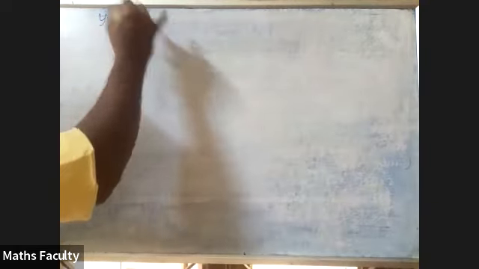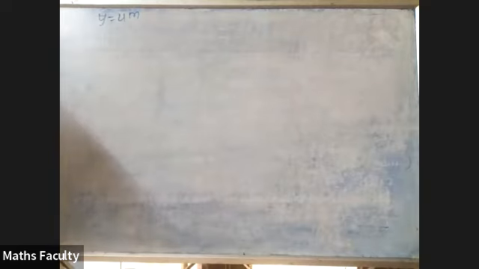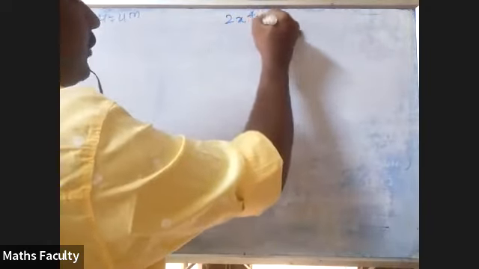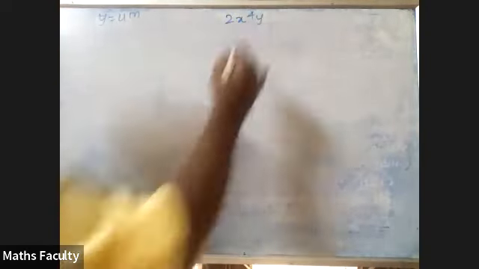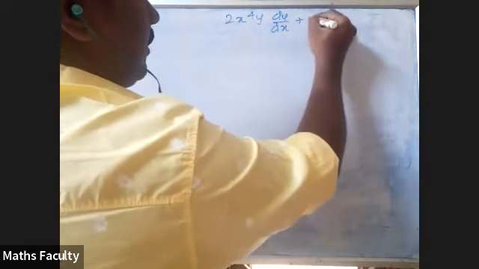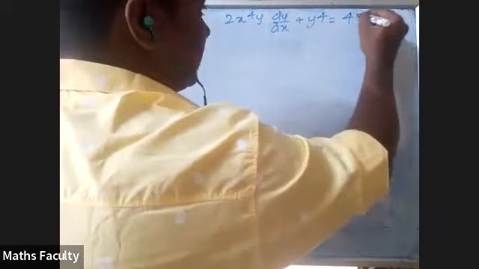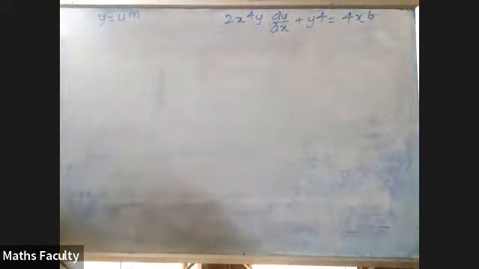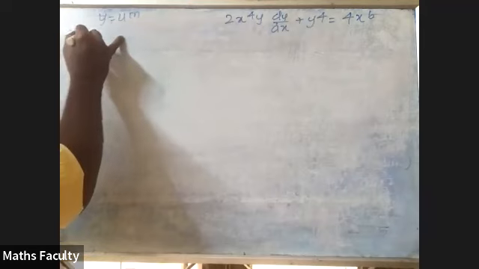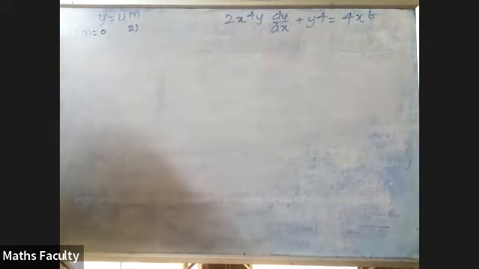Right, the real value of m for which the substitution y = u^m will transform the differential equation 2x^4 y dy/dx + y^4 = 4x^6 into a homogeneous equation is?